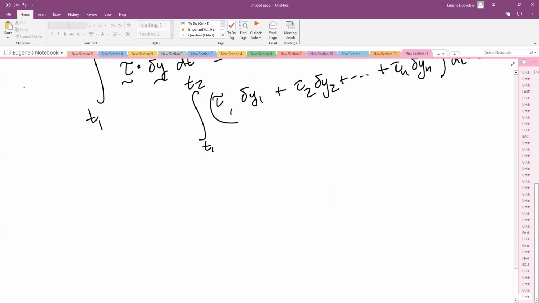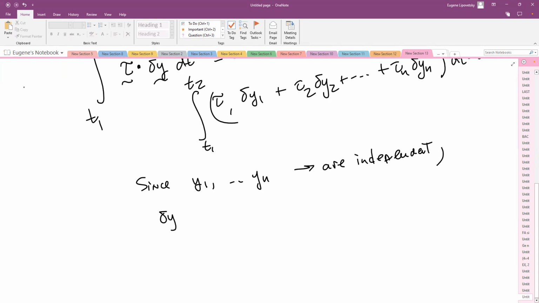Now, in this case, since y1 all the way to yn are independent, therefore delta y1, etc., delta yn are also independent functions.